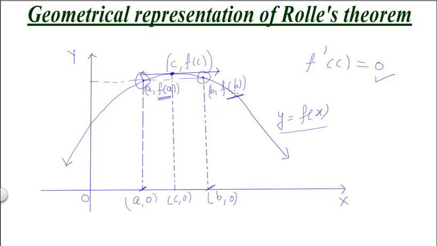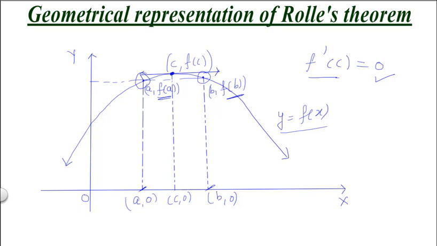If the three conditions are fulfilled, then f dash c will be equal to 0. So this is the point at which dy by dx will become equal to 0. Clear?